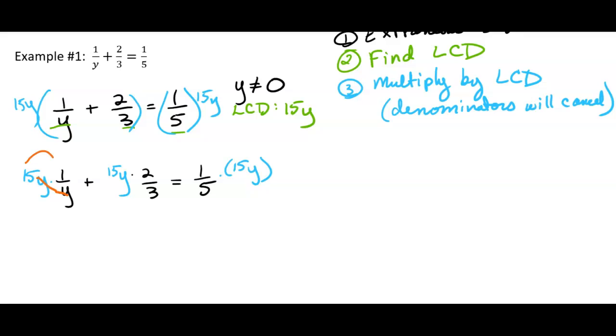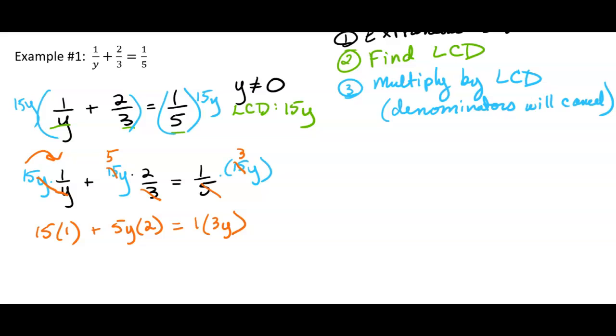So you have 15 times 1, which is just 15, but I want you to see what's going on. 3 goes into 15 5 times, so you're going to have plus 5y times 2. And then 5 goes into 15 3 times, so you have 1 times 3y. Now I've got a lot of parentheses going on there, maybe some extra writing, but I want you to see where everything's coming from. I'm hoping you can see everything.